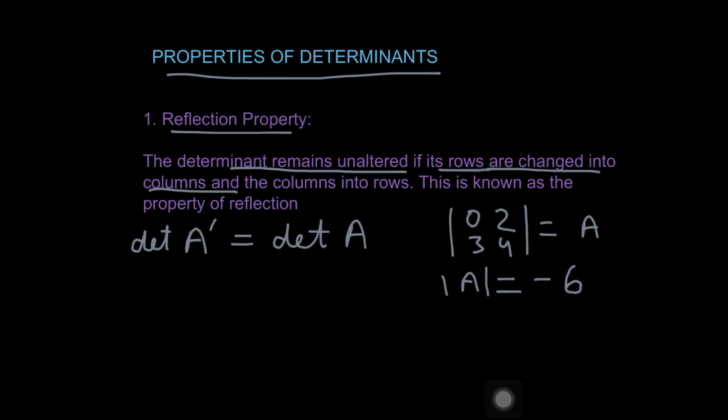Now if I take A dash, or the transpose of A, it will become like this. Now if you find the determinant, what will it be? -6. So you've seen, if you transpose a matrix, then the determinant of the matrix A and its transpose will be the same. So this is the first property.